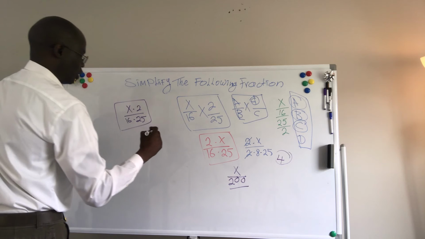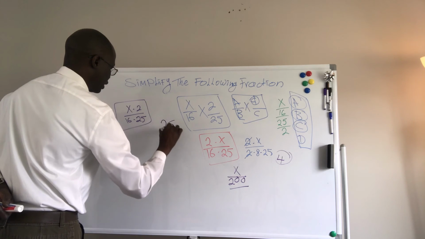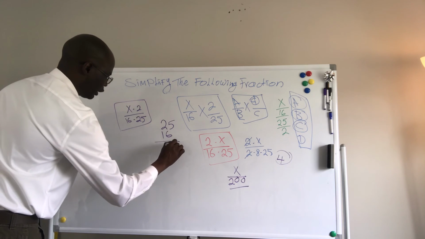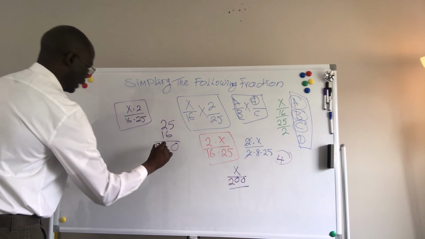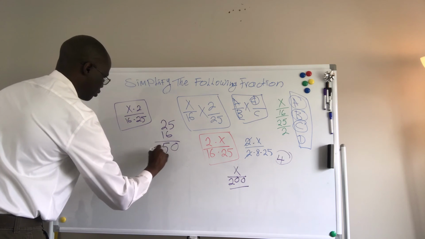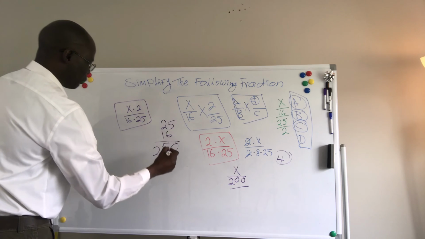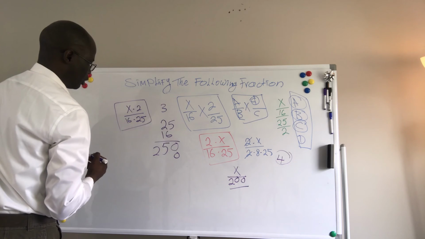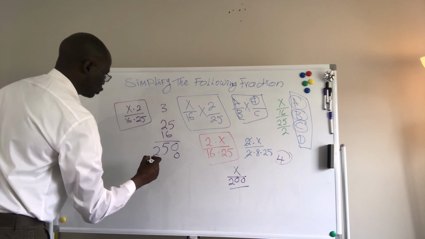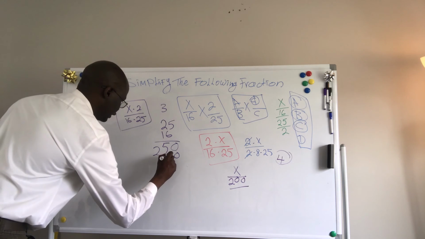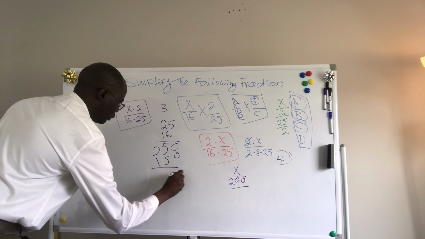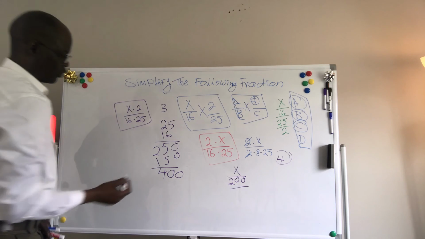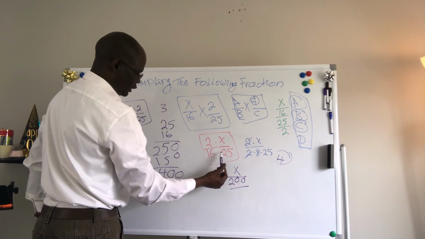So let's say you have 25 times 16, let's do it together. 0, 1 times 25 is 25. 6 times 5 is 30, so we carry 3. 6 times 2 is 12, plus 3 is 15. 0 here, 5, so you get 400. So 400 is the result of 16 times 25.